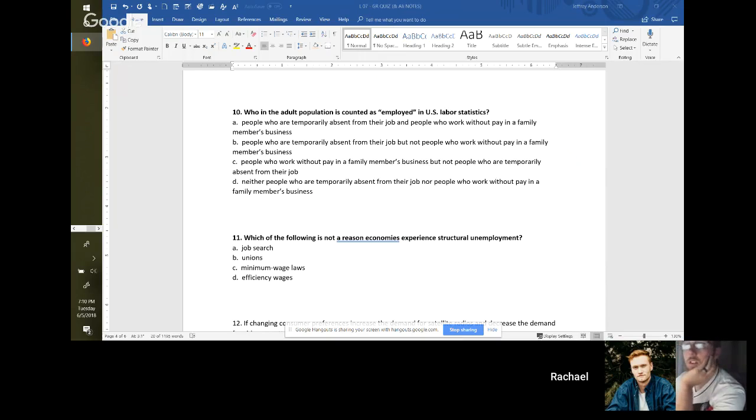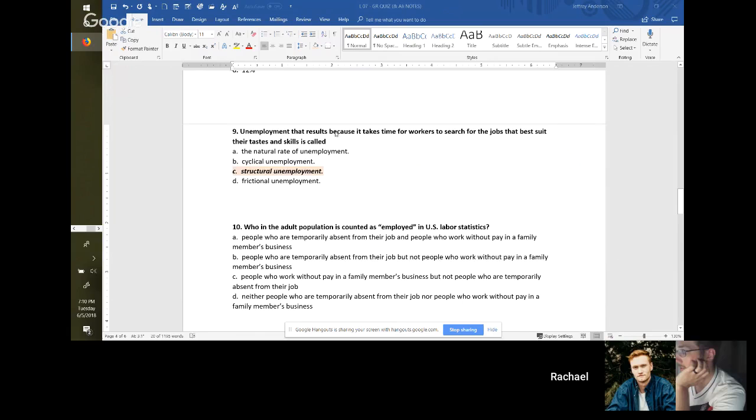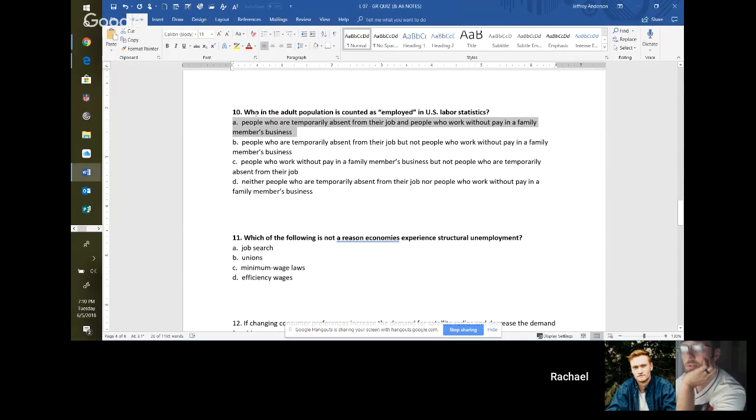Yeah. Which of the following is not a reason economies experience structural unemployment? Structural is when there's not enough jobs to give to everyone. It's not a reason economies experience structural unemployment. Wouldn't that be job search? Could be. Hang on.